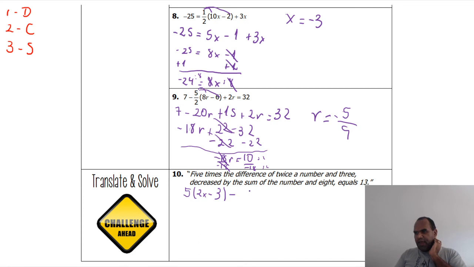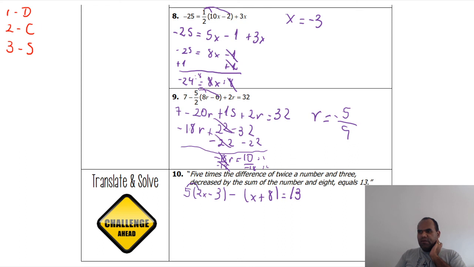Minus, decreased by the sum of the number, the same number, x again, and 8 equals 13. Great. Let's solve it right now, guys.